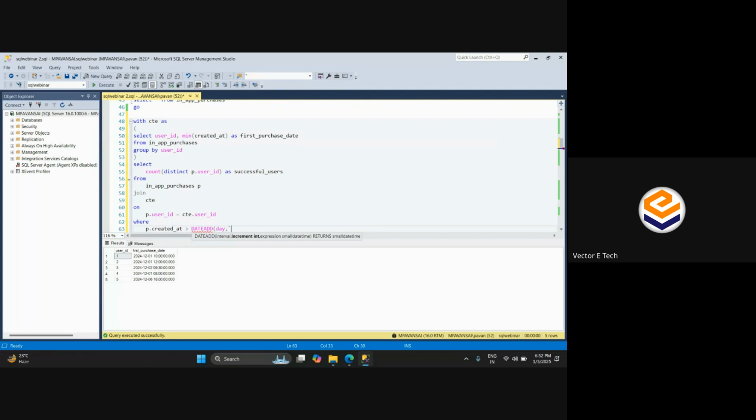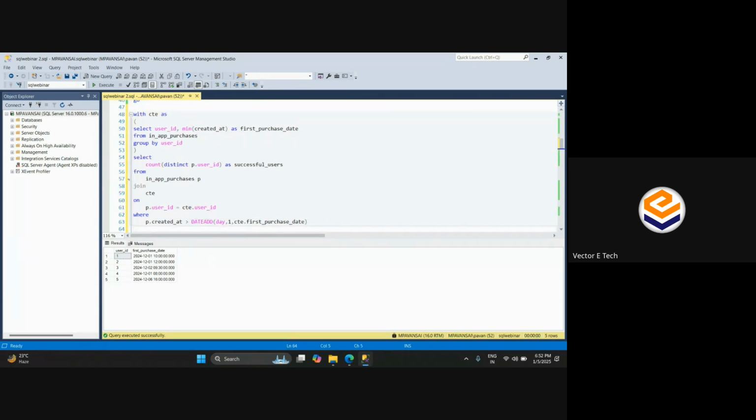Increment is 1. And what is that particular expression, small date time? We'll take CTE dot, okay, what is the column name? first_purchase_date, right? That is what we found out, right? Minimum date, right? This is how we compare and find out those dates which are greater than that 1 day ahead.